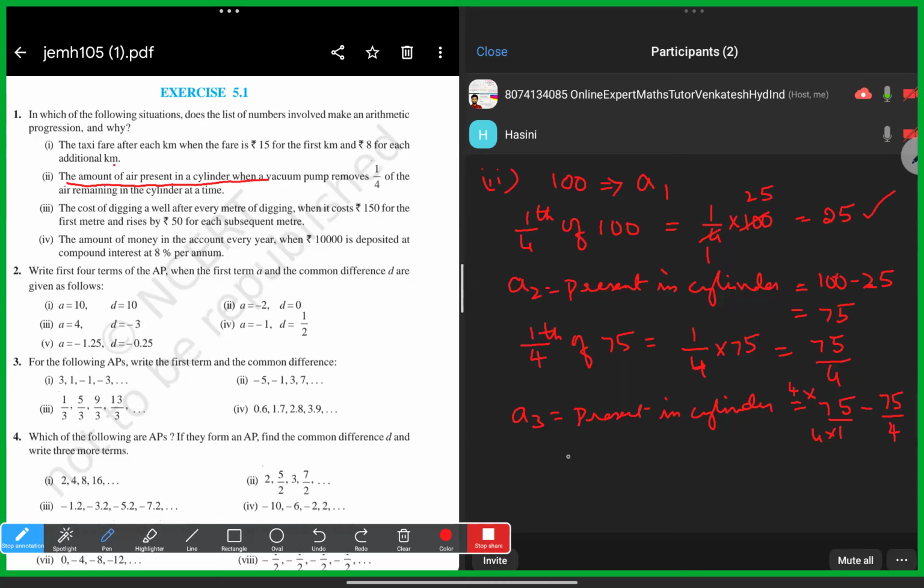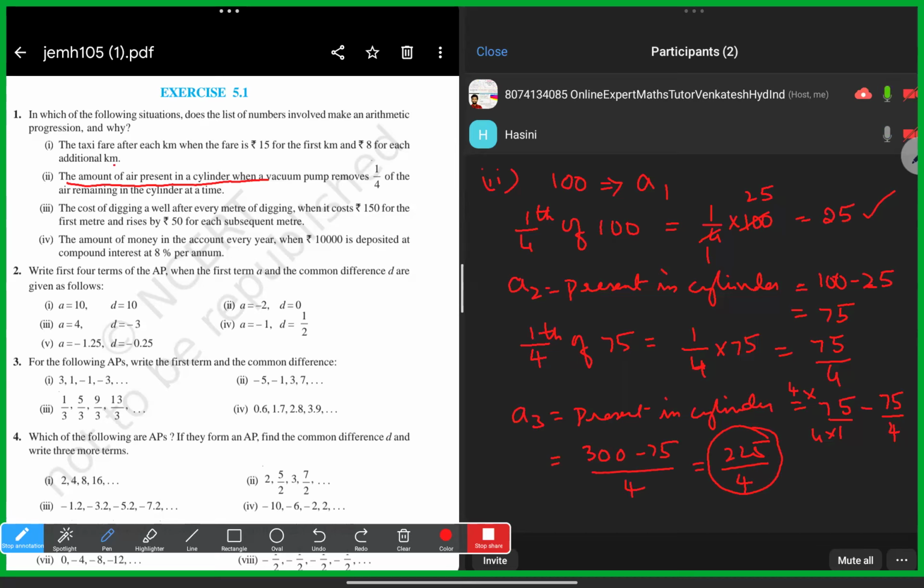Which is 300 minus 75 by 4, which is 225 by 4. I did the LCM and subtracted. Now we should continue the process like this. Next we should do 1/4 of 225 by 4, it will become 225 by 16.